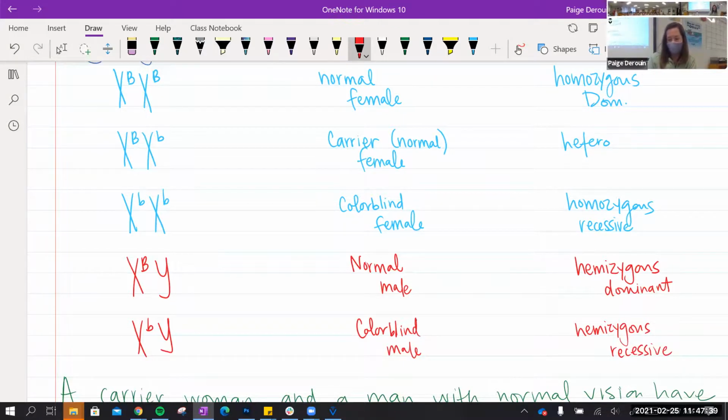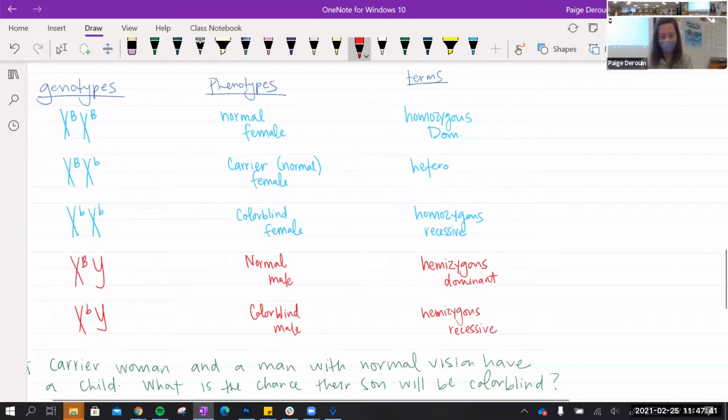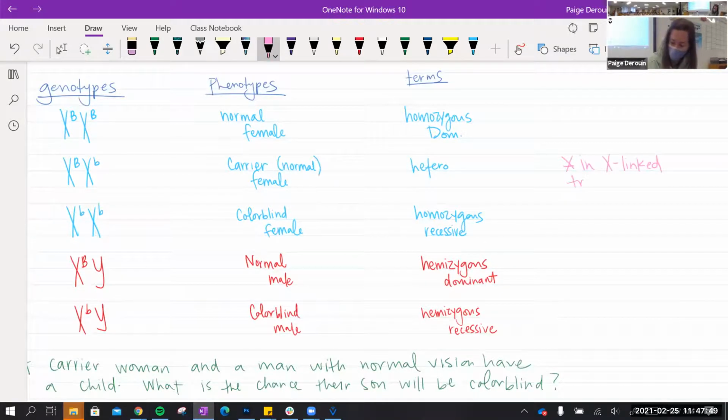Okay, before we go any further, I'm just going to make a note about the carriers over to the side. In X-linked traits, only females are carriers.